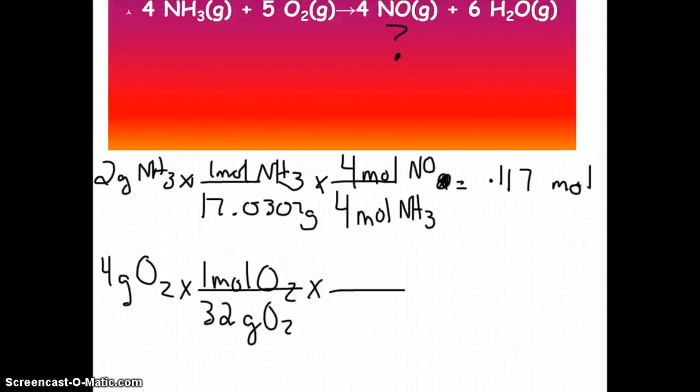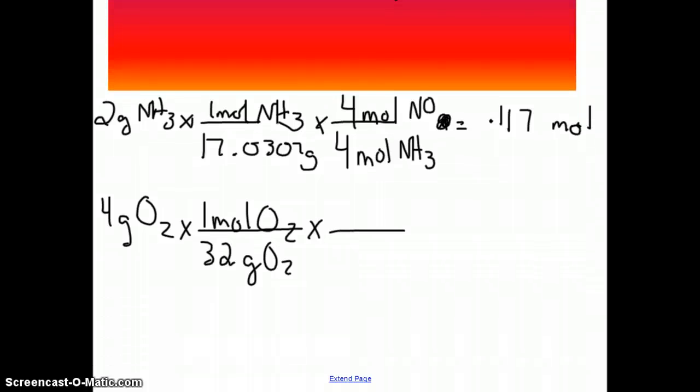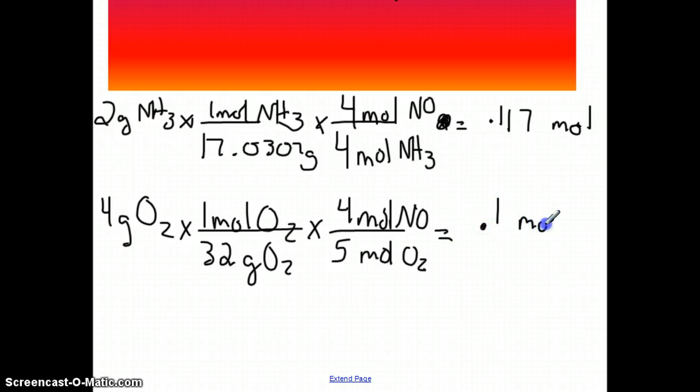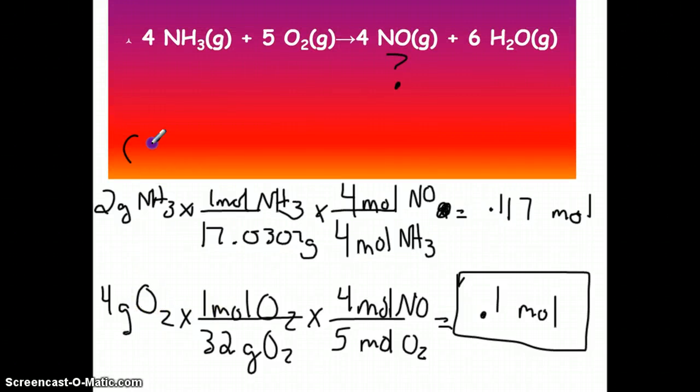Now our mole ratio: 5 moles O2 to 4 moles NO. Do the math, and it tells us that we have 0.1 moles. So this is the total amount of NO that can be produced, telling us that O2 is your limiting reactant. O2 is your LR, your limiting reactant.